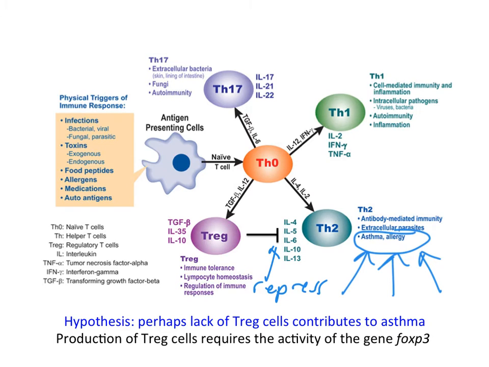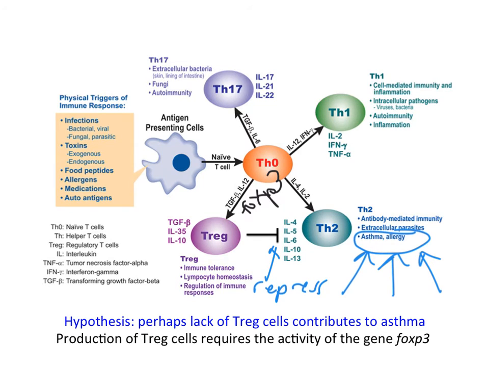So then she had to look at some additional papers to figure out how is it that T regulatory cells get created in the first place. And aside from TGF-beta and IL-12, there's another gene, FOXP3, that's also involved in creating T regulatory cells from that initial population of Th0 cells.